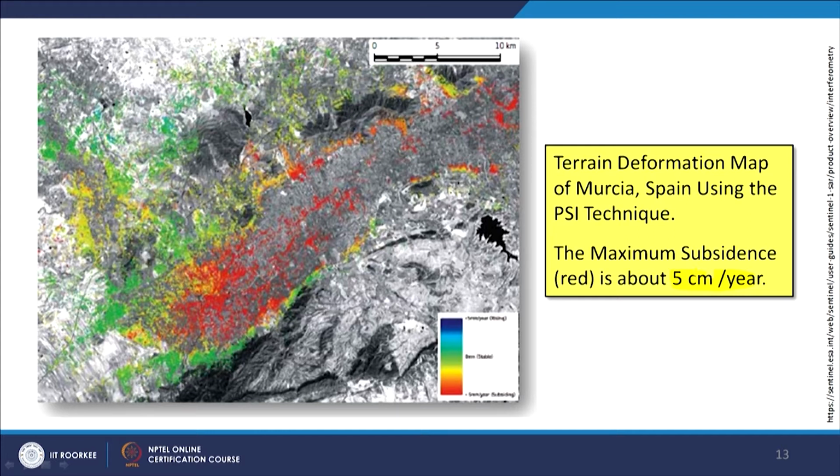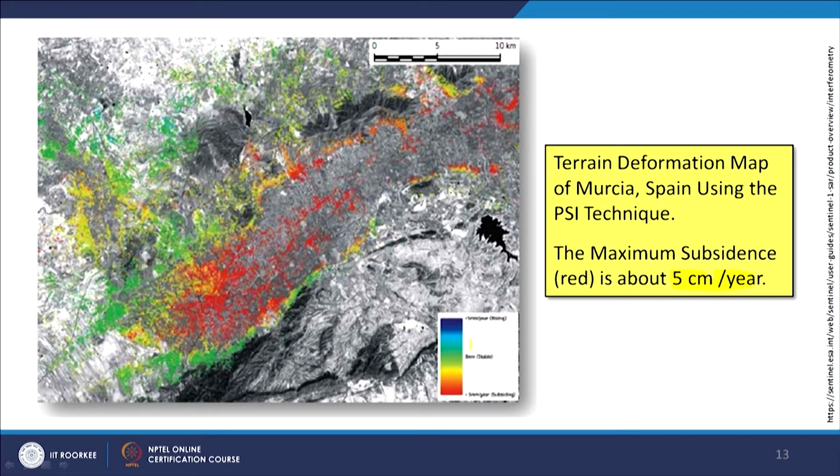So, the rate here has been estimated at 5 centimeter per year. The areas having red persistent scatterers, or red pixels if you wish to call them, are showing the most change, whereas some have very little or no change. Though they are performing as good persistent scatterers, they basically show no changes.